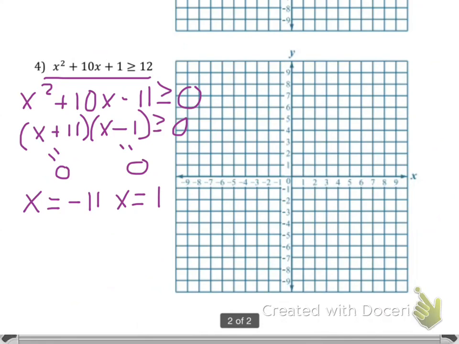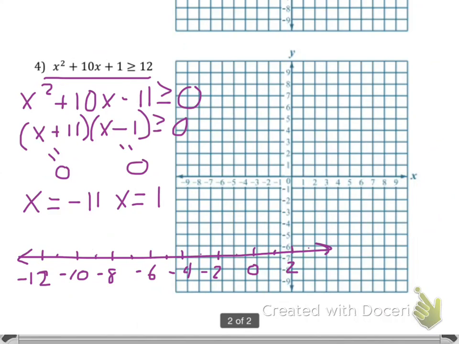So these are my two zeros on my number line. Okay, so here's 0, 1, 2. I made this number line because I want negative 11 and positive 1 to be on it. We want to put a dot at negative 11.